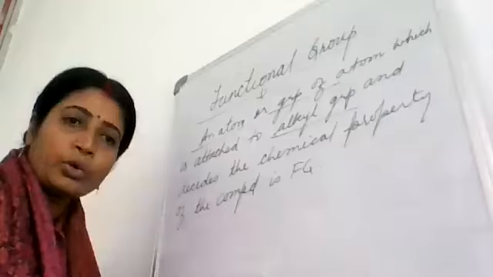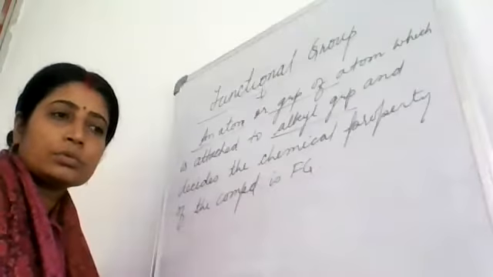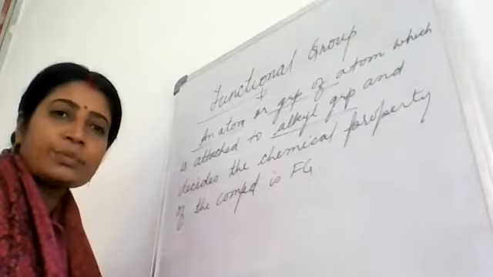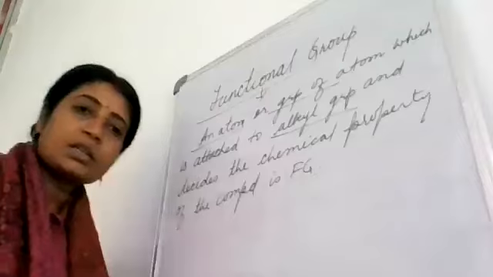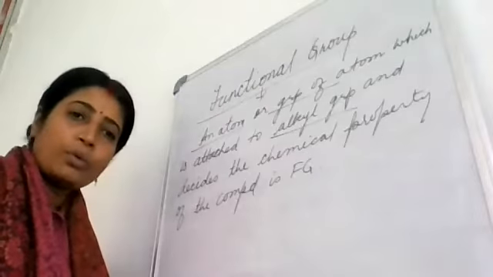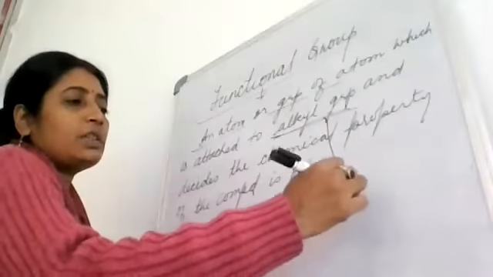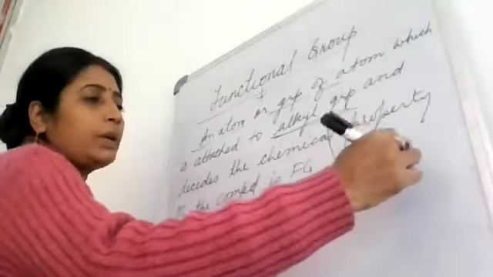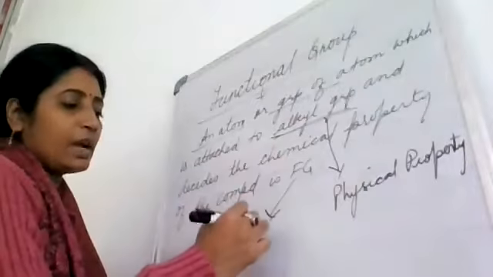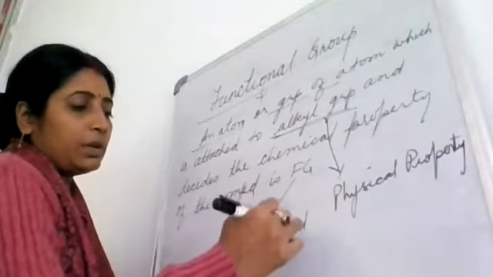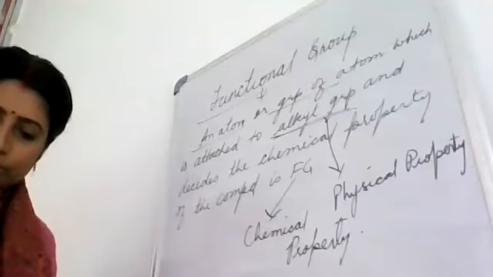Functional group decides the chemical property of the compound, and alkyl group decides the physical property. I hope this point is clear to all of you.